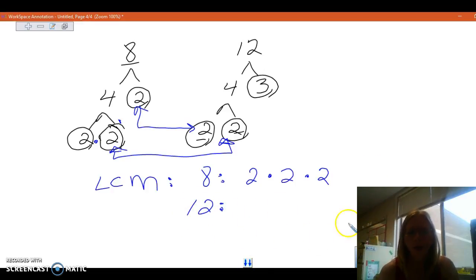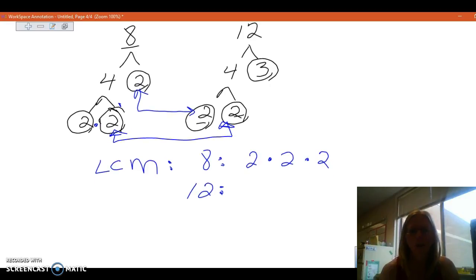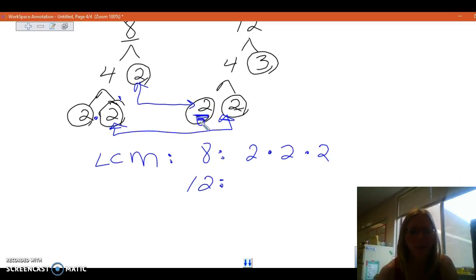So 12 has 2 of the prime factors of 2. So I'm going to match them up. Okay. It does not have a third 2. It has instead a 3. Okay? So the 3 cannot match up with anything, and neither can this 2.